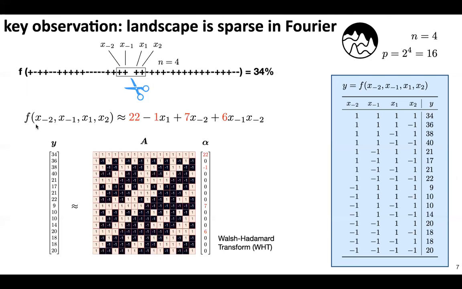Our key observation in this work is that the DNA repair landscape is sparse in WHT. In other words, we can represent f with only a small number of monomials. In particular, out of 16 variables in alpha, most of them are 0 and only 4 are non-zero.